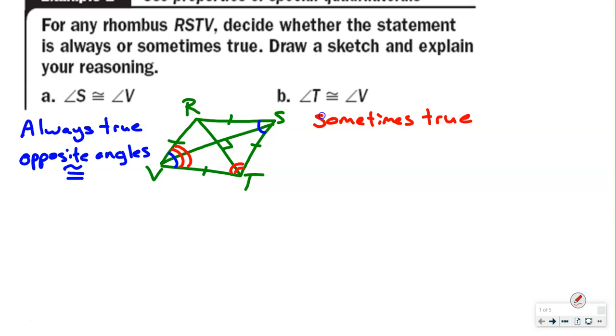Because adjacent angles are only congruent when a rhombus is a square. Or consecutive angles, either one, adjacent or consecutive.